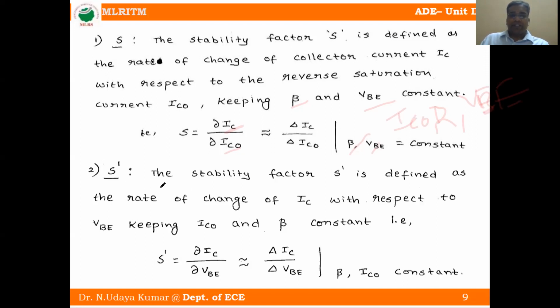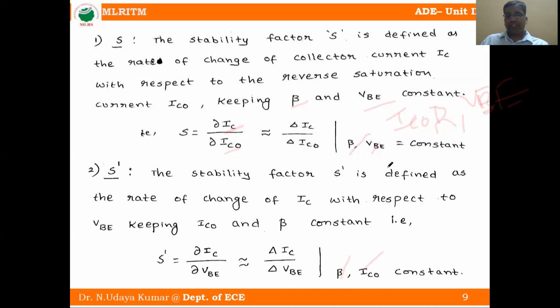Second stability factor, for the second variable: the stability factor S dash is defined as the rate of change of IC with respect to VBE. So here it is change in IC by change in VBE, where beta and IC naught are constant.